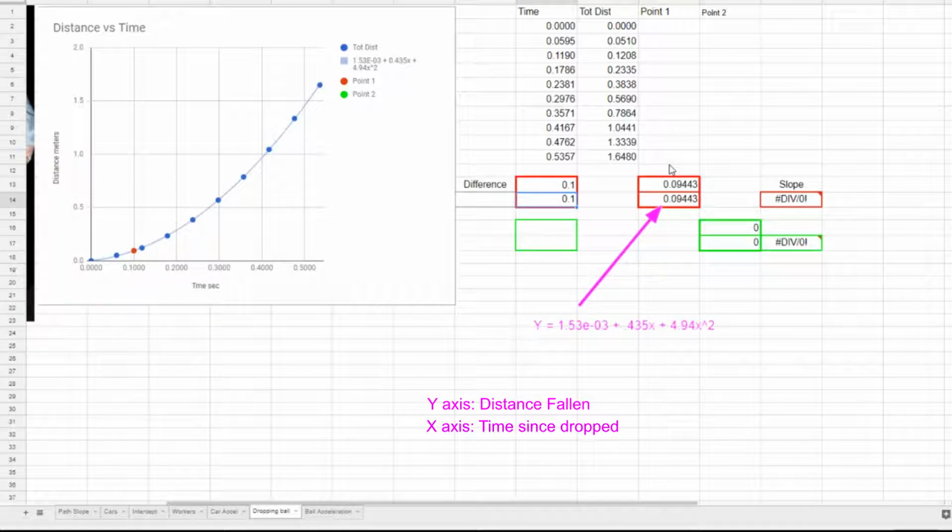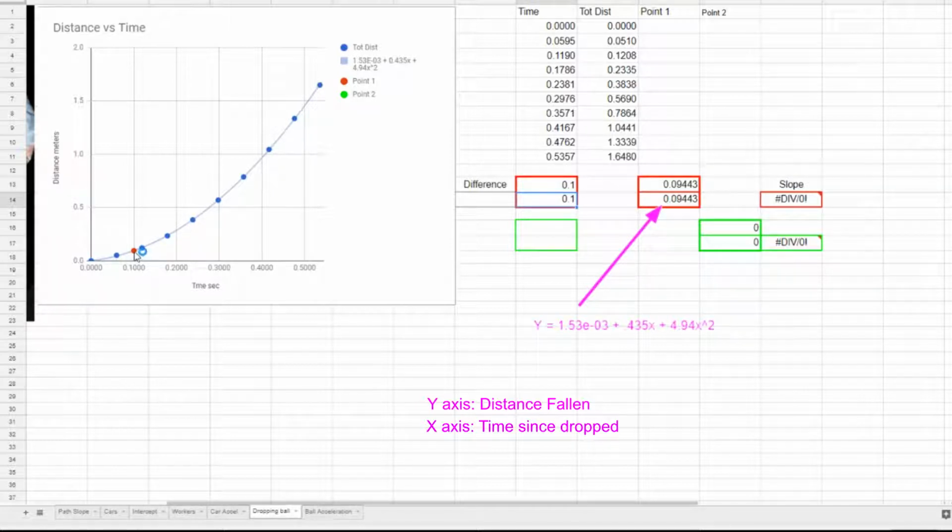Now, this is calculating the y value here, which is the distance the ball has fallen. But what I'm trying to do is find the slope at this point. Before, we did it by making an approximation, just drawing a line.